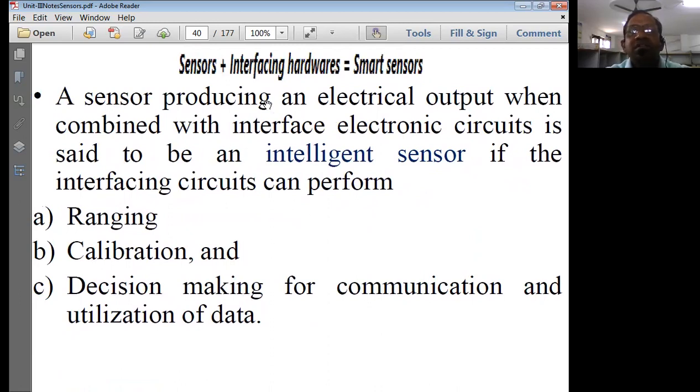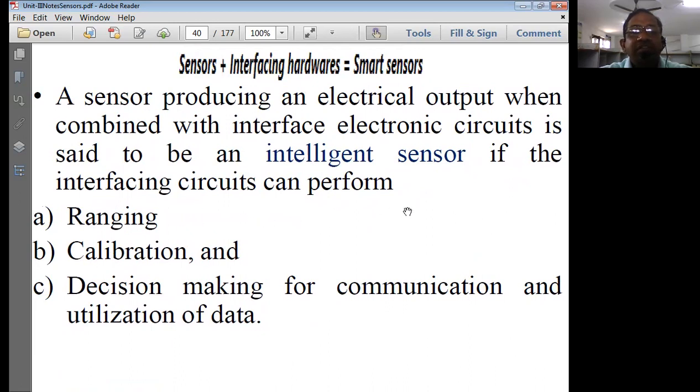Therefore, sensors plus interfacing hardware is simply called a smart sensor. That means the smart sensor itself is going to be viewed as a digital system for us. It is also a digital system nowadays. Now, why do we use intelligent sensors?